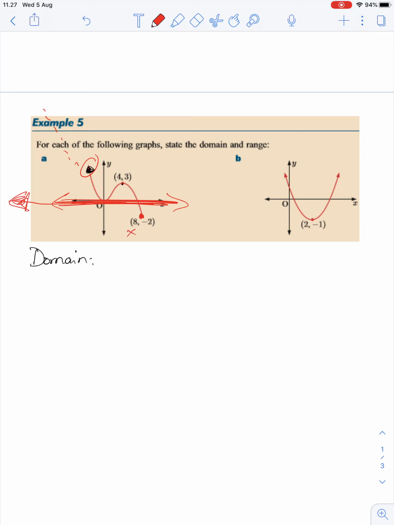So my domain is curly brackets, the set of all x values such that x is less than or equal to 8, because it's everything to the left of 8, and it's equal to because it's including 8. Done.